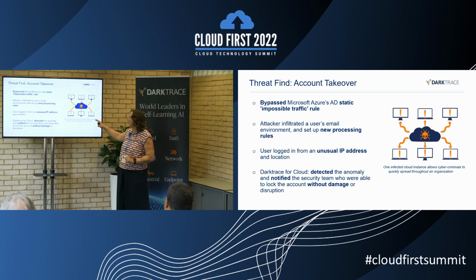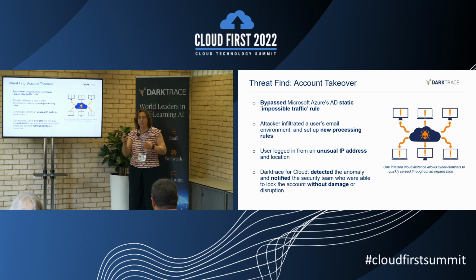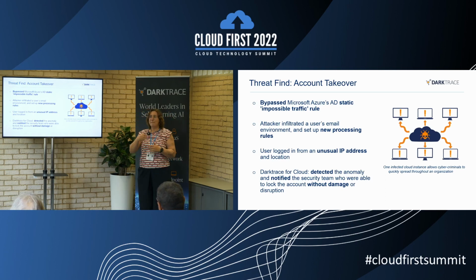One example I would like to show you is an account takeover that we've seen in Darktrace. It was a user or an attacker that bypassed the Azure impossible travel rule. We saw one account, one user trying to log in from a location that it had never logged in before.